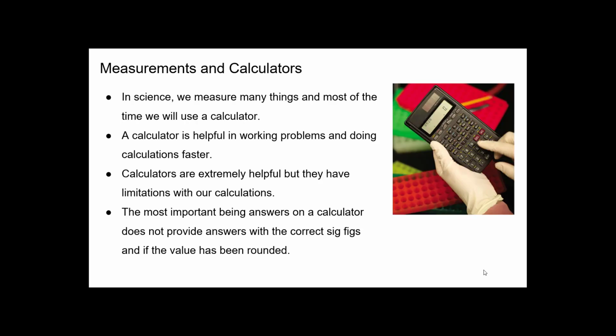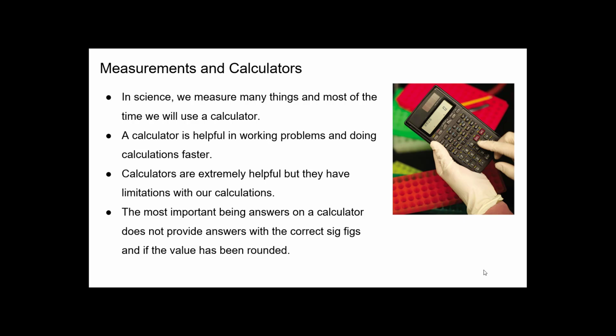So, measurements and calculators. In science, we measure everything and anything, and most of the time we do it with a calculator. The calculator is the best thing in science. However, it runs short on certain things, and that's what we're going to cover right now. You can plug in to get your answers, but calculators don't provide the final answer.